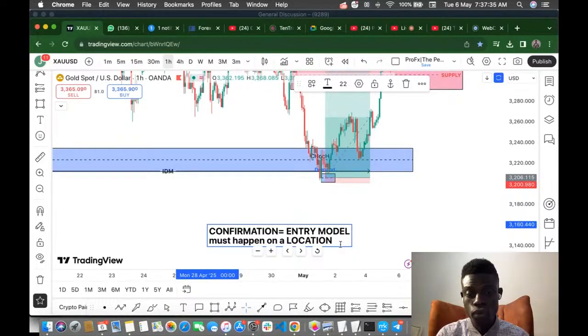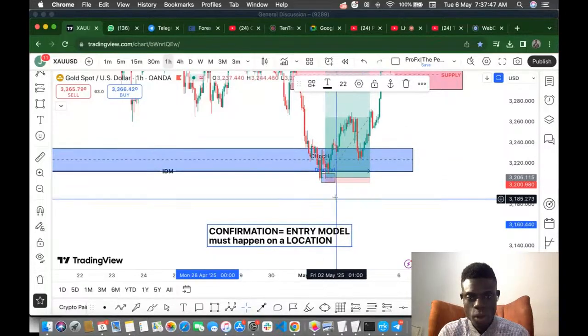The location that you found on your higher time frame or that you refine into your medium time frame. On that location that higher time frame gave you or medium time frame gave you, that's what you're looking for: your picture of character. Because it can form anywhere.